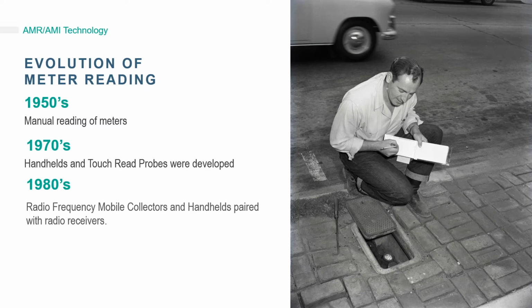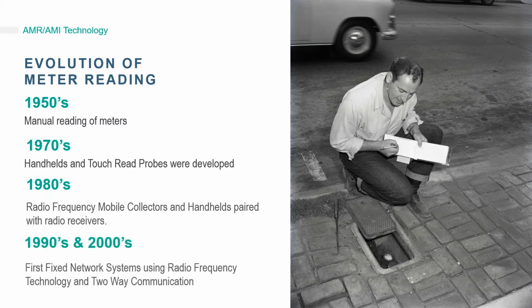The 1980s also saw the first fixed network reading systems. These systems utilized telephone lines for communication between the utility office and the water meters. Generally, either utilities could phone the meter to get a reading, or there was an interface device that was programmed to allow the utility to schedule the meters to call in.